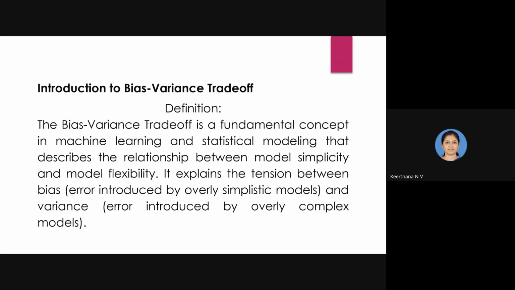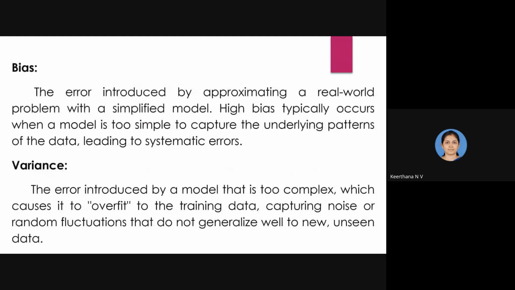What is bias? The error from overly simplistic models is bias, and the error introduced by overly complex models is variance. How can you trade off these two, how can you decompose these two parameters?